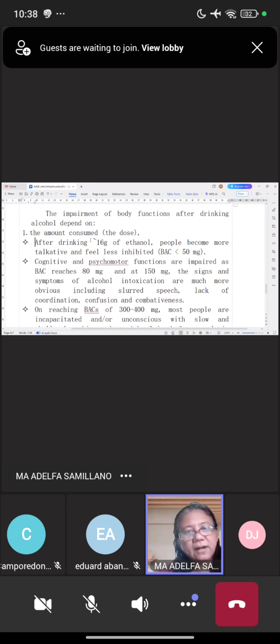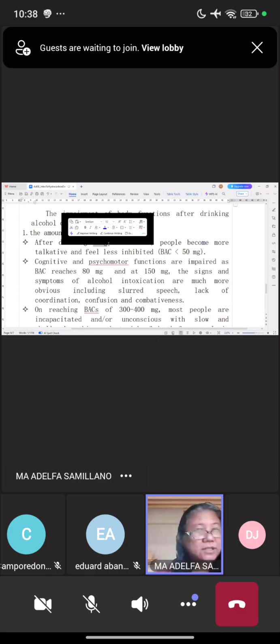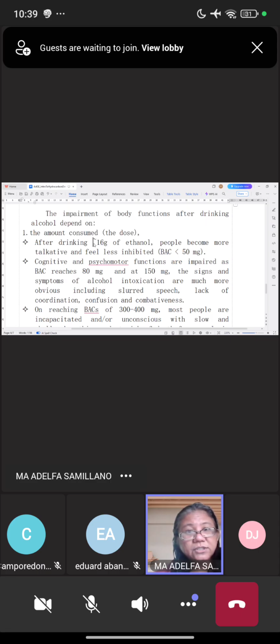I researched the ethanol component of beers. 16 grams corresponds to one bottle of beer, which is about 330 ml. So 330 ml of beer contains 16 grams of ethanol.